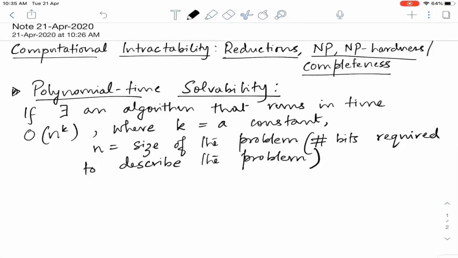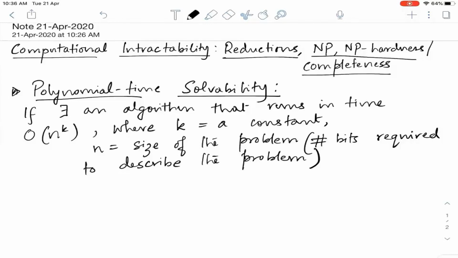Then you need something like log w bits to represent each number, and you have n such numbers, so you need n times log w bits in all. On the other hand, if I give you some number capital N and you want to find out whether this number is prime or not, then the size of the problem is not N. The size of the problem is just log of N.